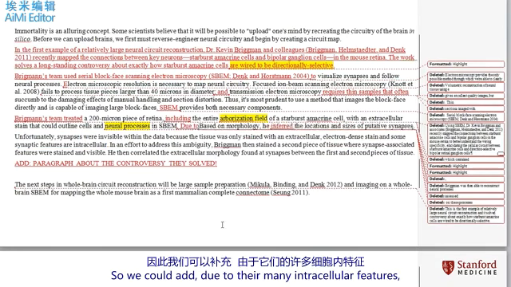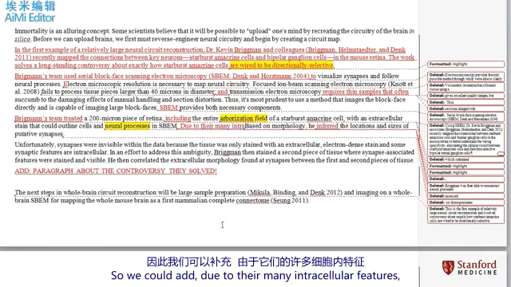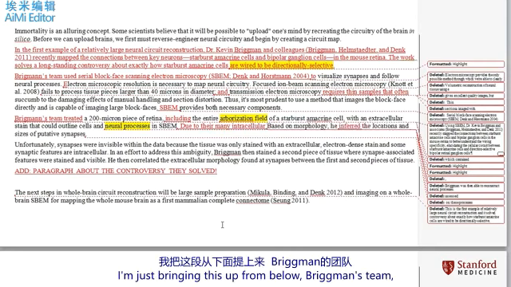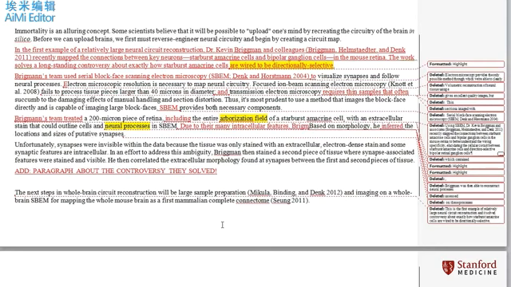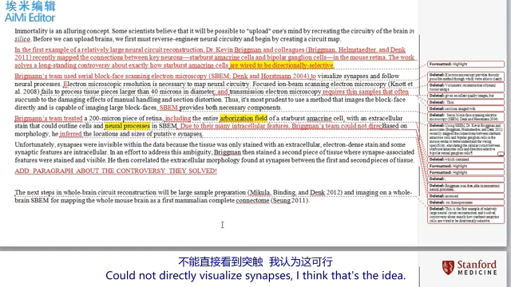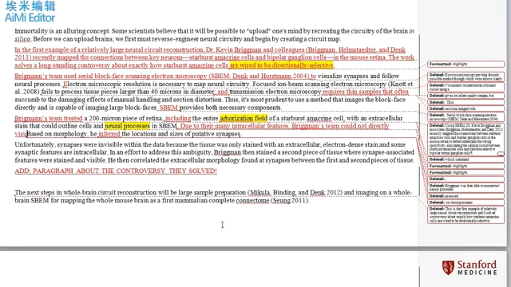So we could add, due to their many intracellular features, I'm just bringing this concept up from below, Brigman's team could not directly visualize synapses. I think that's the idea.